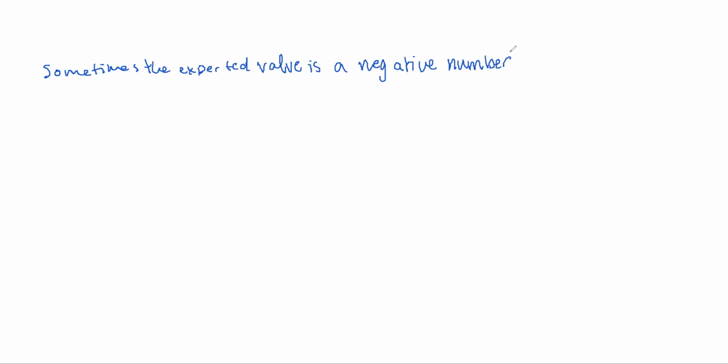So in principle, if our expected value is equal to our payoff times our probability, summed for all of our events, the fact that E could be negative stems from our payoff, not our probability.